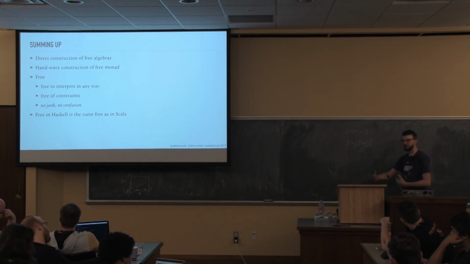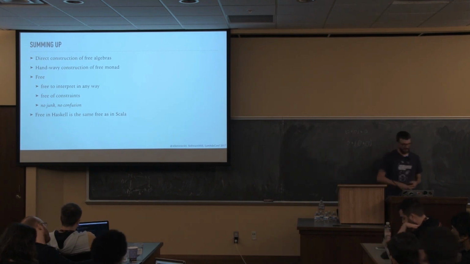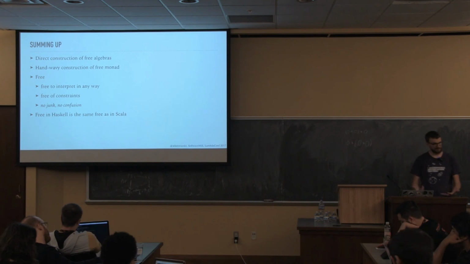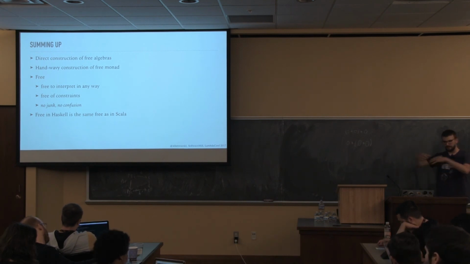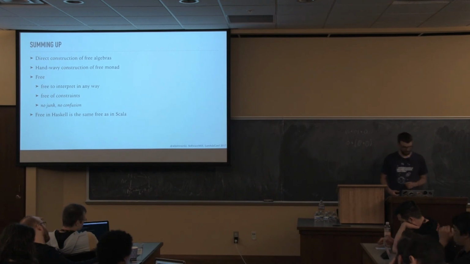There are no constraints imposed by the free algebra, free monad, on the interpretation. And keep in mind that it's a really simple thing. It's just a data structure representing your program, but it's also a general construction which we can do for any signature.